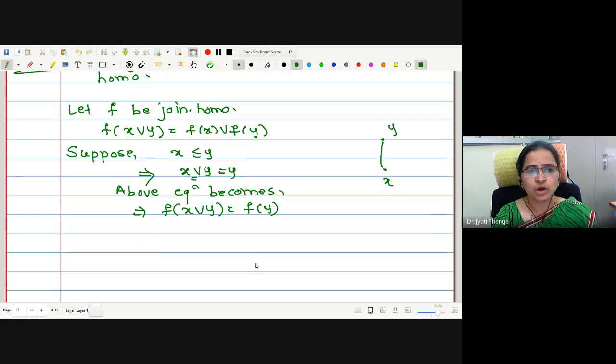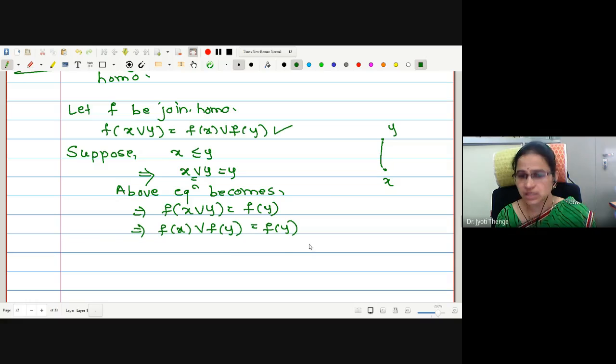But as we have assumed f is a join homomorphism, f of x join y is f of x join f of y, which is equal to f of y. See what kind of situation we have obtained. A join B is B. Therefore, what is the relation? We have proved already in the property that this is true if and only if A precedes B. This is the same situation, no? f of x join f of y is f of y.